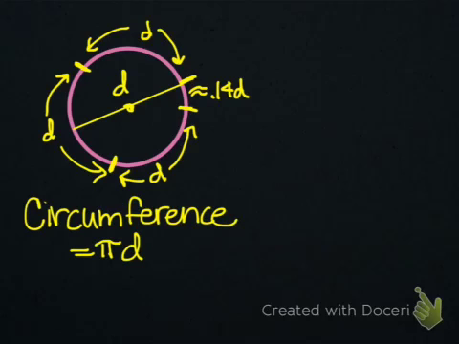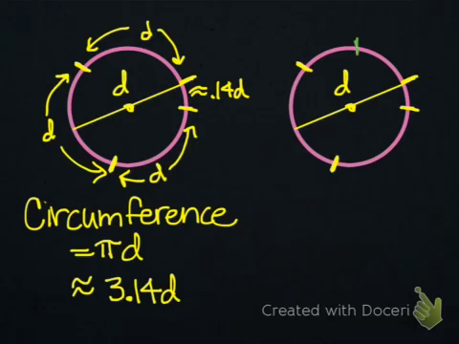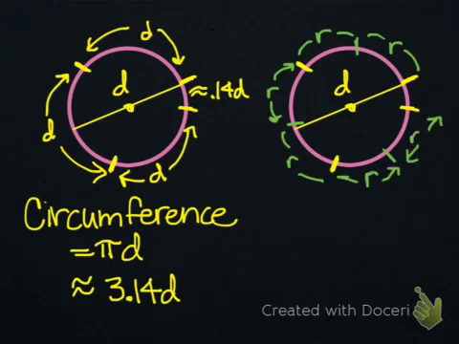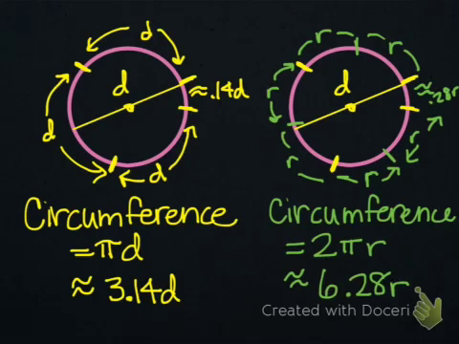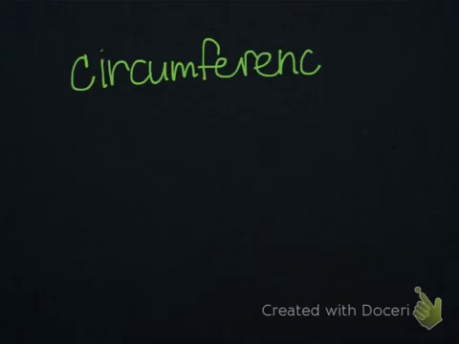So the circumference of a circle is pi times the diameter, where pi is 3.14. If we do the same thing with the radius, it goes around 6 times and 0.28 of the radius. So circumference in terms of radius is 2 pi r, or 6.28 r.